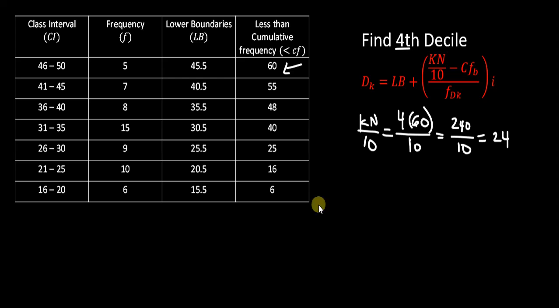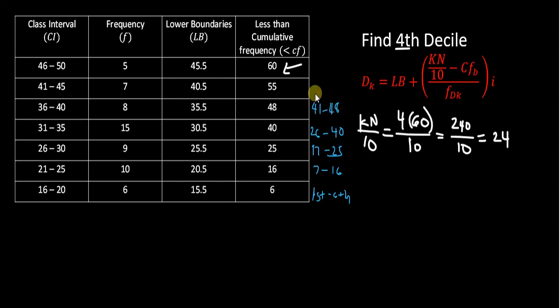So, kaya kanina, hanapin natin yung pang-24 dito. So, dito yung first to sixth. Andito yung 7th to 16. Yung 17 to 25. Yung 26 to 40. Yung 41 to 48.